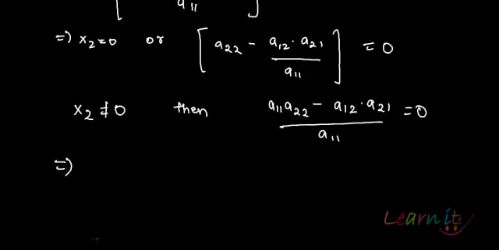Just carefully notice that the numerator is nothing but the determinant of A. So determinant of A needs to equal 0, and that is why we are saying that the equation lambda I minus A can be solved by finding out whether lambda I minus A is singular or not.